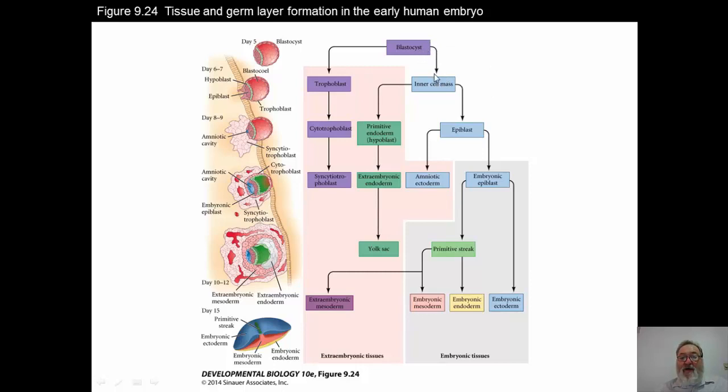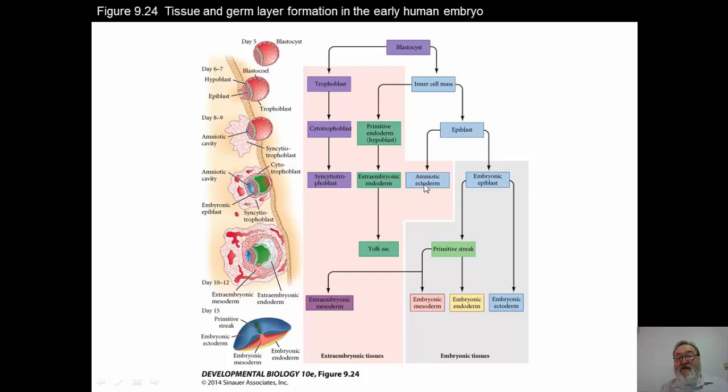If we take the other side, then the blastocyst also gives rise to the inner cell mass, which is in here, this inner cell mass that's going to form the embryo proper. And the inner cell mass will give rise to primitive endoderm, the hypoblast, extraembryonic endoderm, which will also contribute to some of the extraembryonic membranes, in this case the yolk sac.